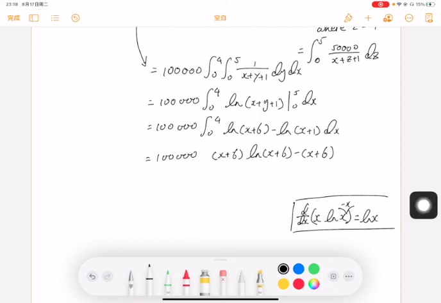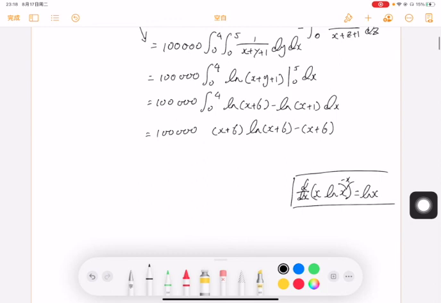And the antiderivative of ln of x plus 1 is similarly x plus 1 times ln of x plus 1 minus x plus 1.